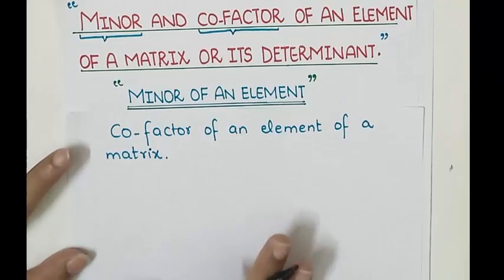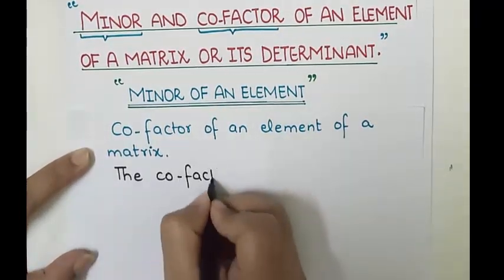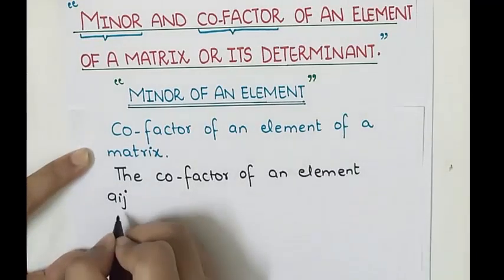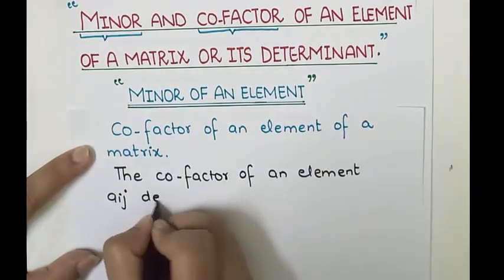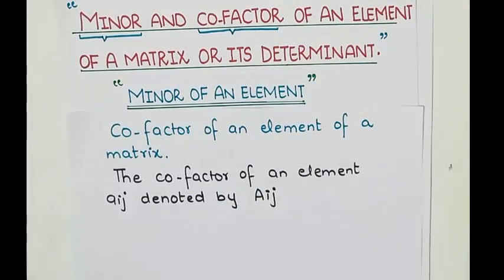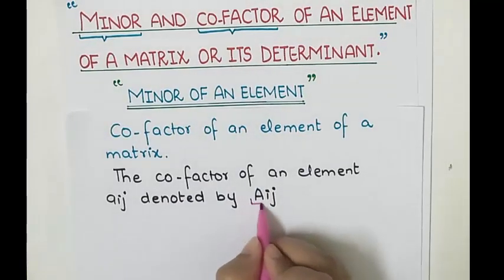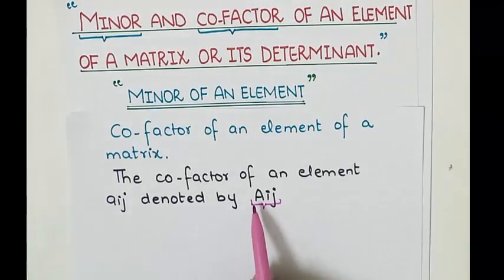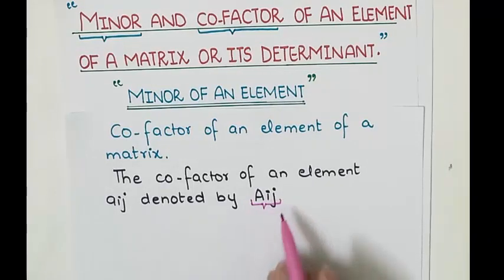Now we will find the cofactor of an element of a matrix. The cofactor of an element Aij is denoted by capital Aij. We denote the cofactor as capital Aij, where A represents the determinant, i represents the ith row and j represents the column.